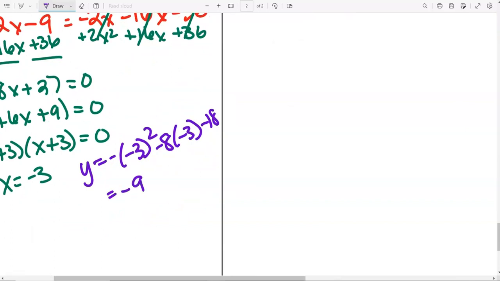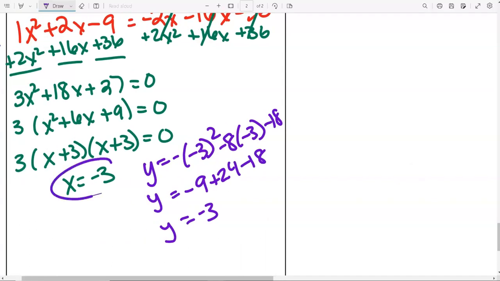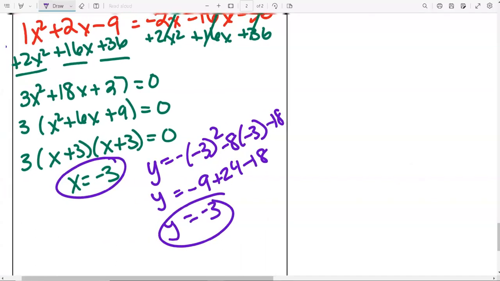Still have the negative out front, so that becomes -9. This becomes +24, -18. -9 plus 24 gives me 15, and then 15 minus 18 gives us a y of -3. So x is -3, y is -3.